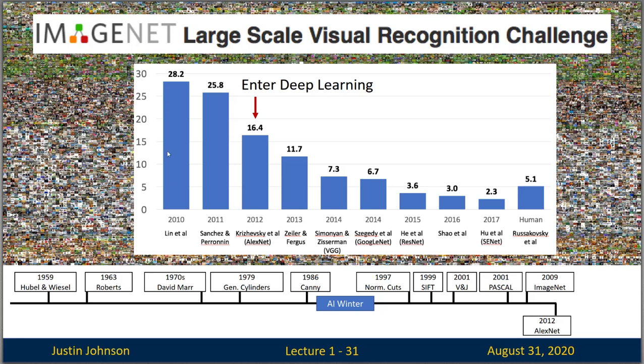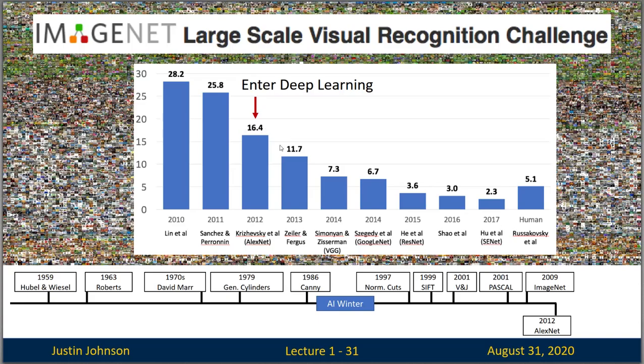So in the early years, when deep learning was not yet used every day in machine learning, so in 2010 and 2011, the success in this ImageNet challenge was rather average. But then in 2012, when Alex Krizhevsky and his colleagues introduced a deep learning algorithm which was very successful in this ImageNet challenge, that really started the big boom in deep learning.